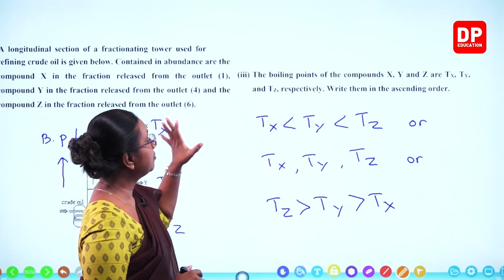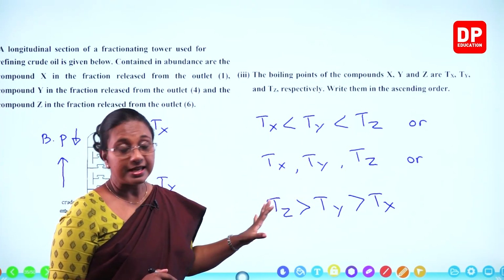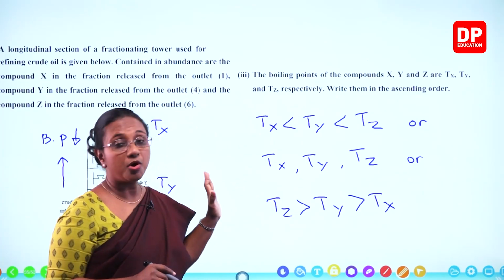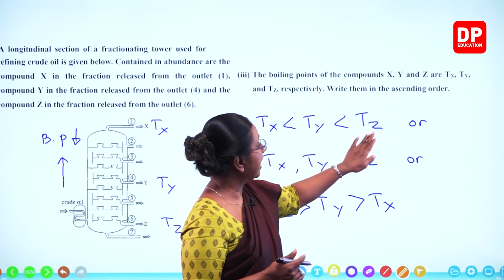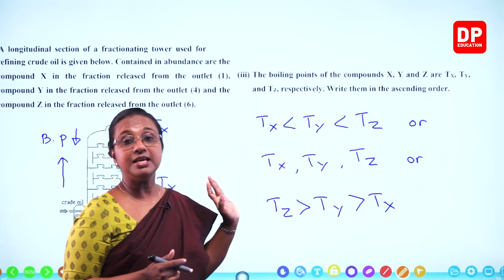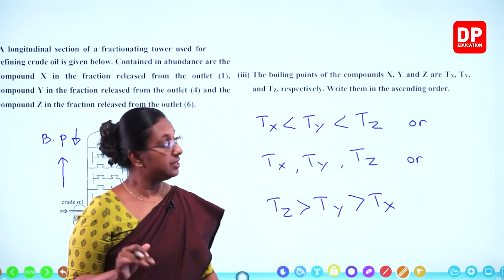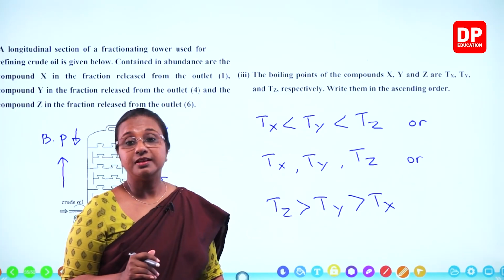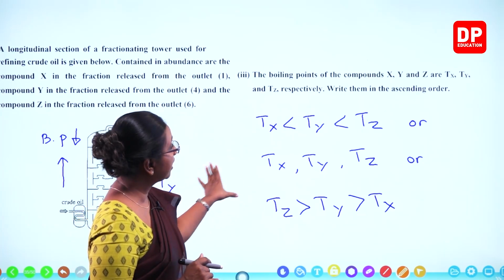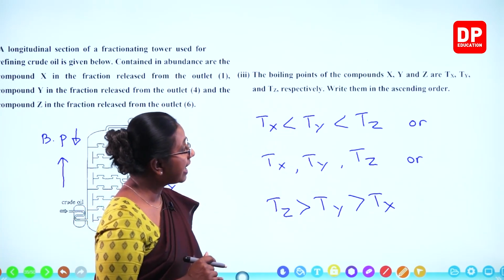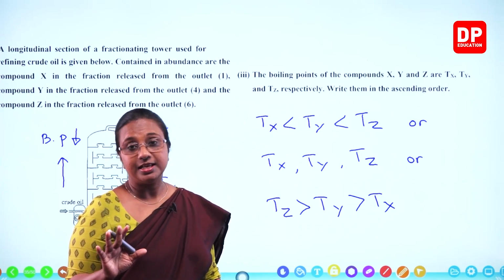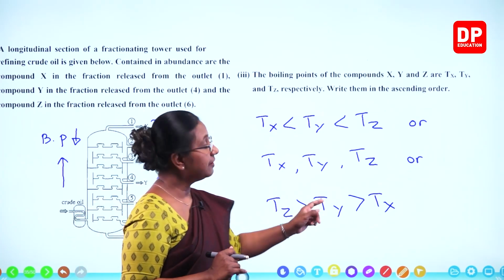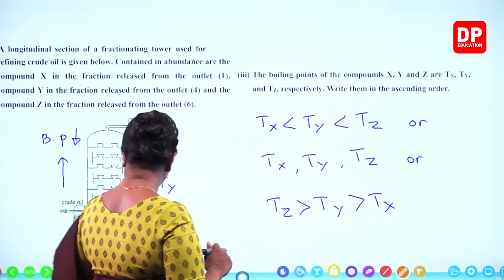So either way you have to give the idea that Tx is the smallest or lowest value of boiling point, then Ty, and the highest value is Tz. Is that clear? You can write one of the three answers, but you have to write all three. Write them in ascending order, increasing order. Is that clear, students? So with that, we'll move on to the next question.